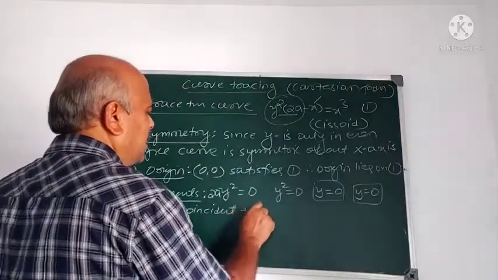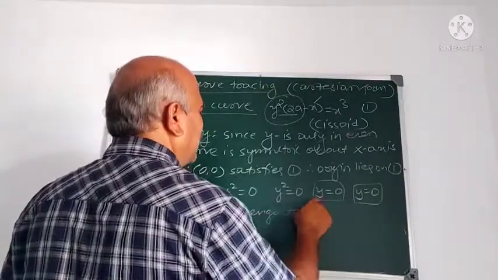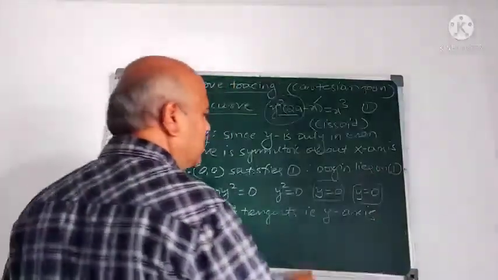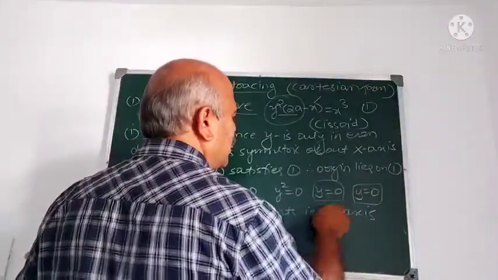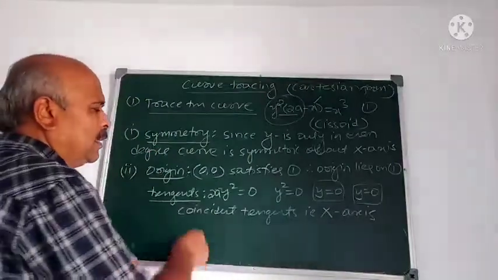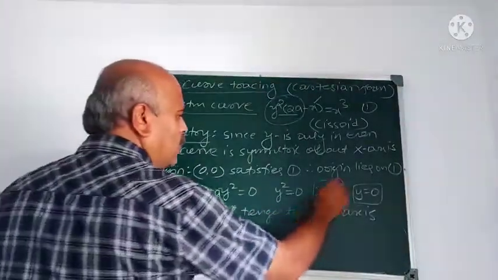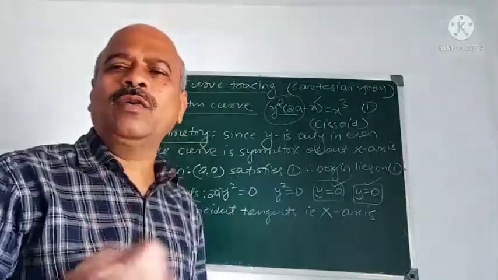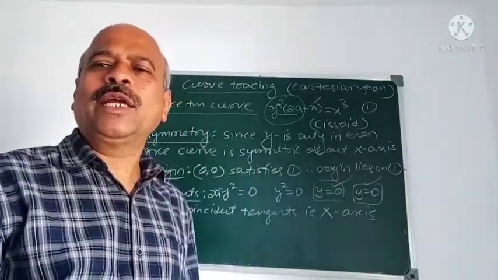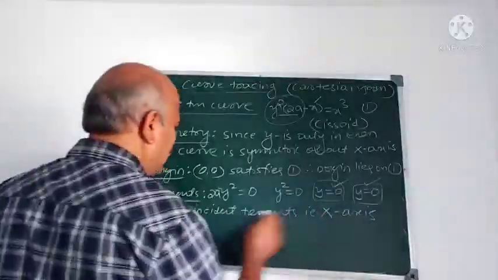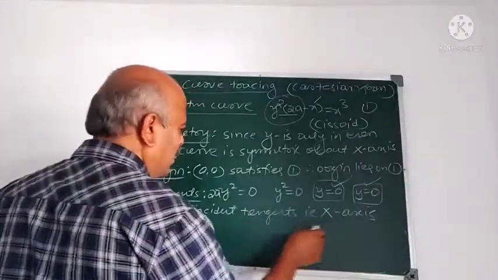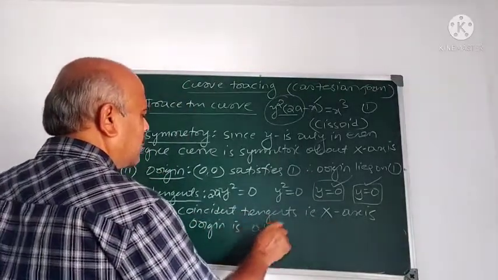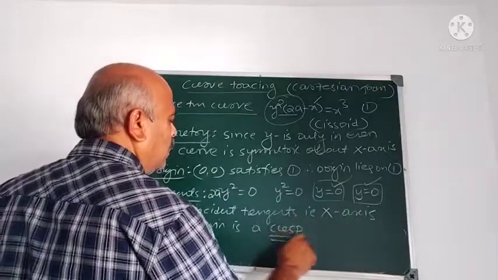Y is 0 means the x-axis is a tangent. By equating the lowest degree term to 0, we have two equations, y is 0 and y is 0. They are coincident. Therefore, the x-axis is a tangent at the origin. So, origin is a cusp.